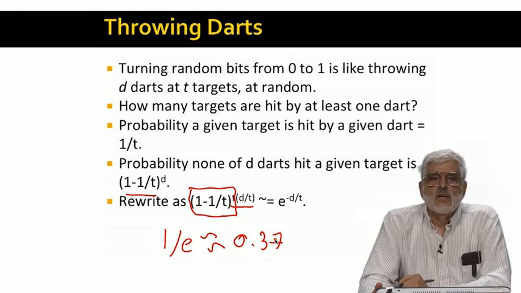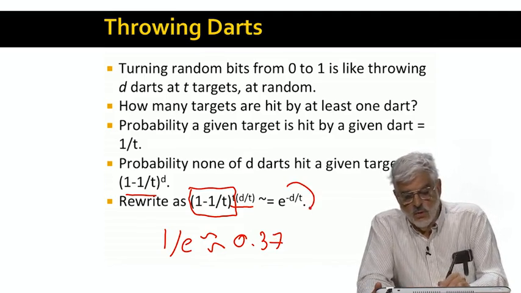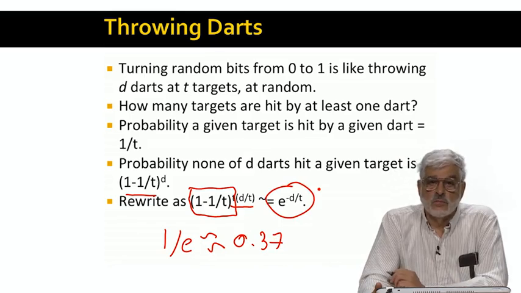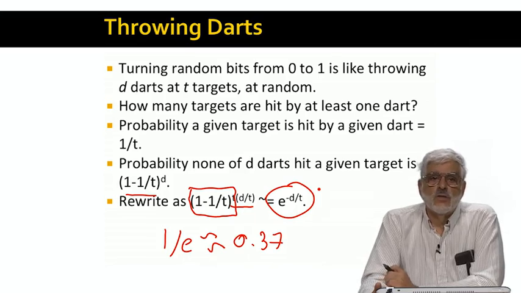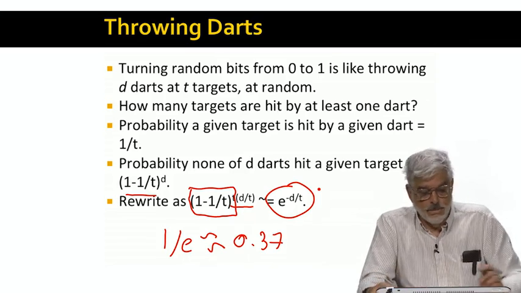In this case, t is certainly large since it is the number of bits in the array. And thus, a very good approximation to the fraction of zeros that remain is e to the minus d over t. I write it this way since 1 over e is the same as e to the minus 1.